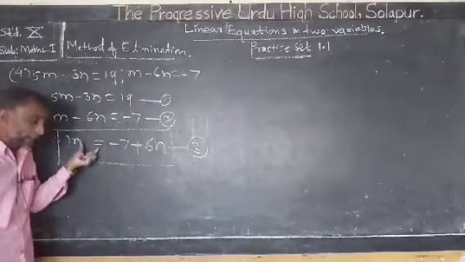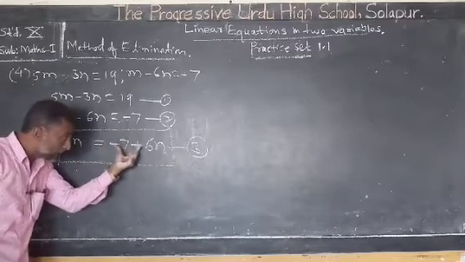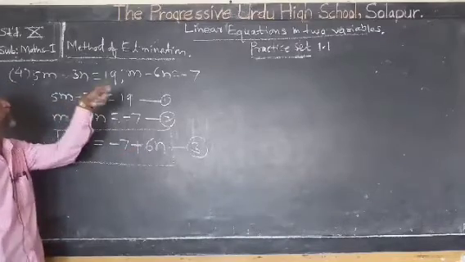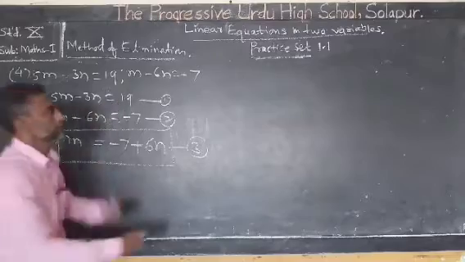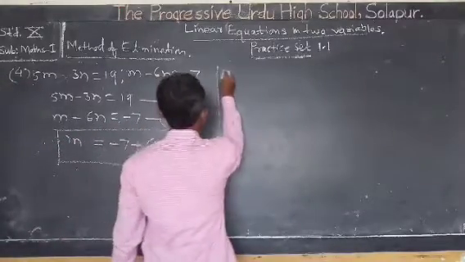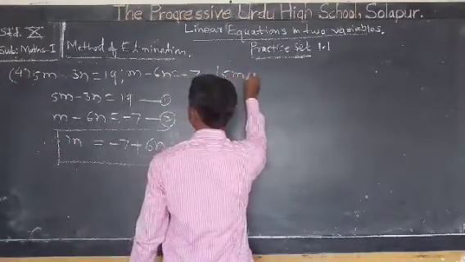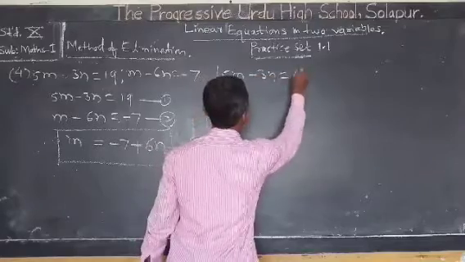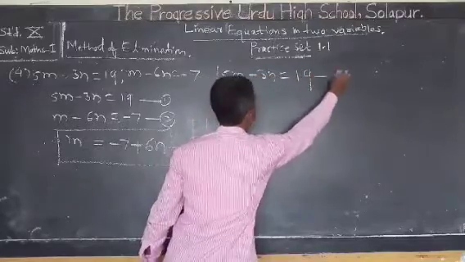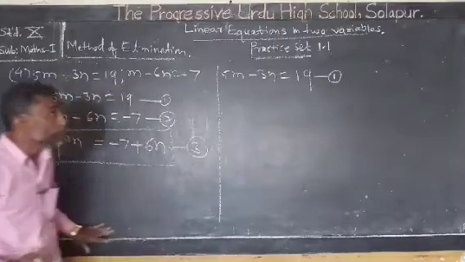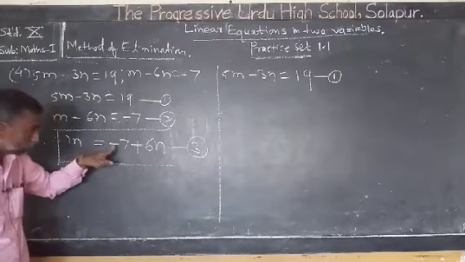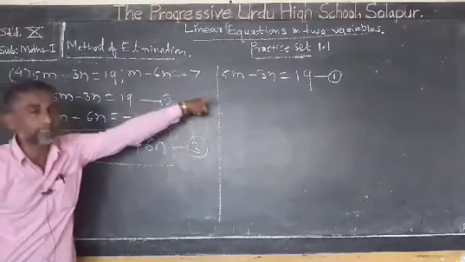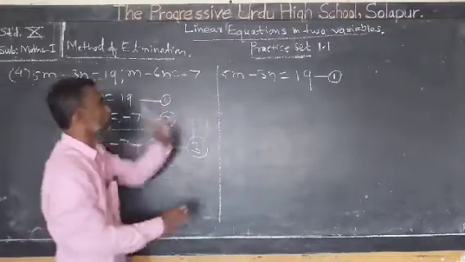Now put this value of m, that is minus 7 plus 6n, in equation number 1. I am going to write equation number 1: 5m minus 3n is equal to 19. Substitute m is equal to minus 7 plus 6n in place of m.